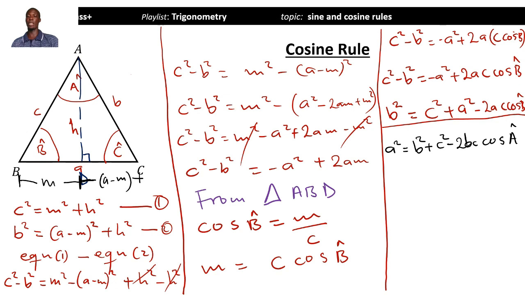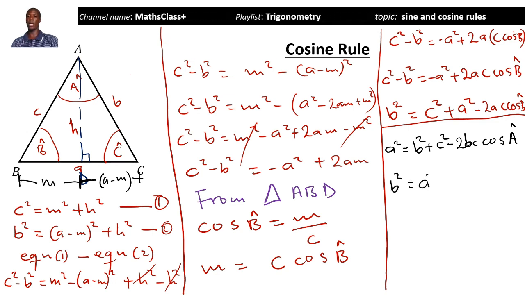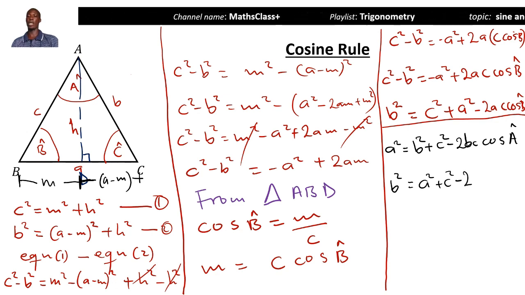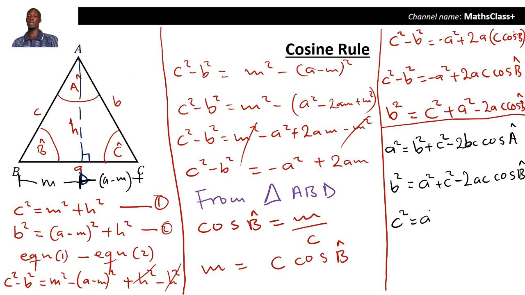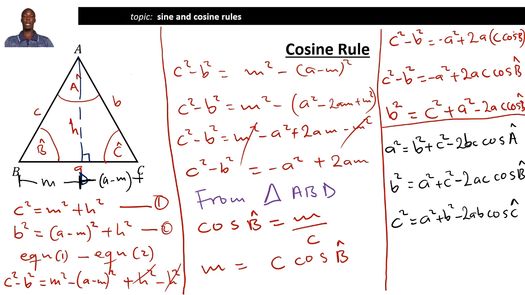And for the side b, we have b squared is equal to a squared plus c squared minus 2ac cos b. And then for the side c, we have c squared is equal to a squared plus b squared minus 2ab cos c. And that is it for our cosine rule.